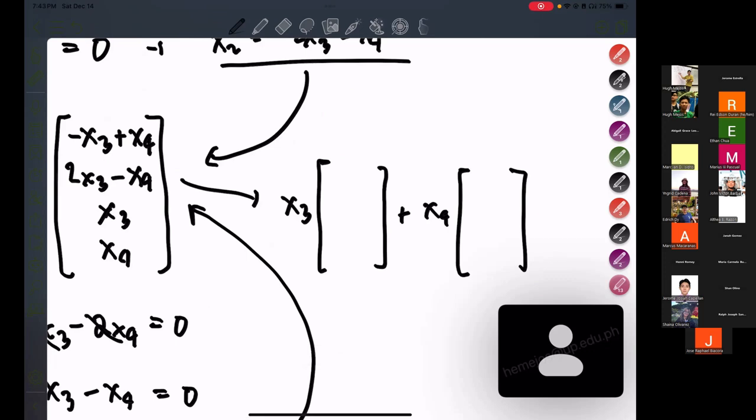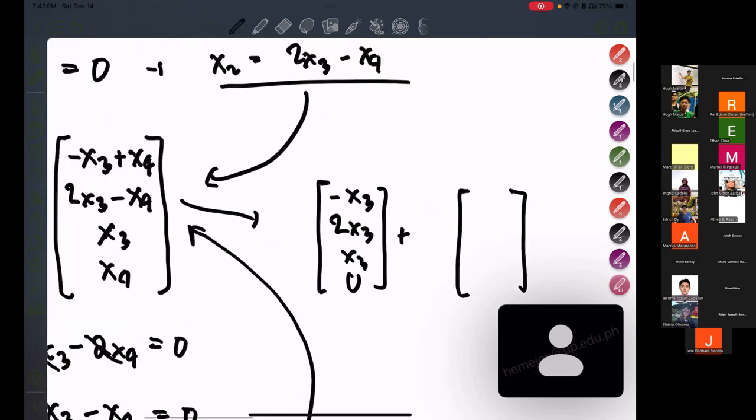So now this is negative 1 because you have negative 1 x3. Actually, wait, I won't jump the steps. So this is now negative x3, 2x3, x3, 0, and this is x4, negative x4, 0, x4.